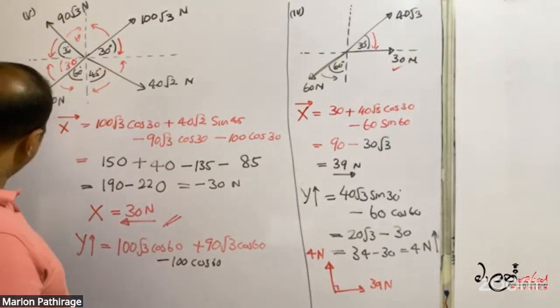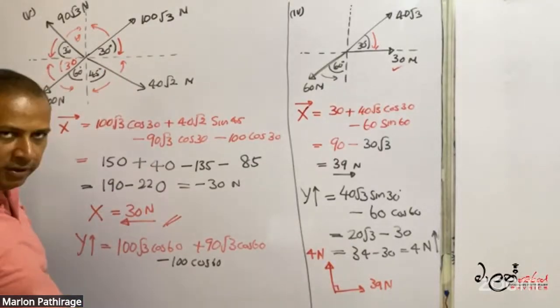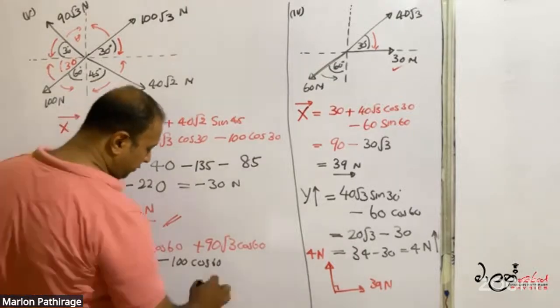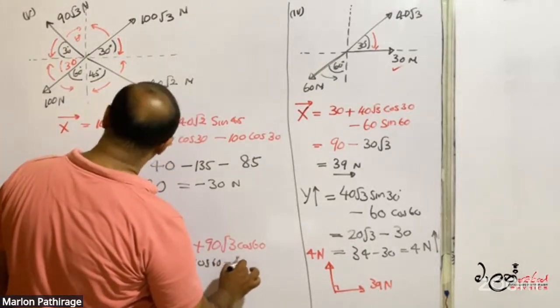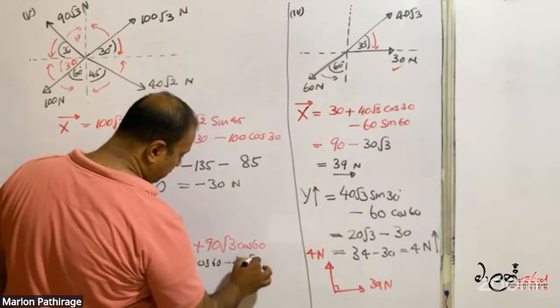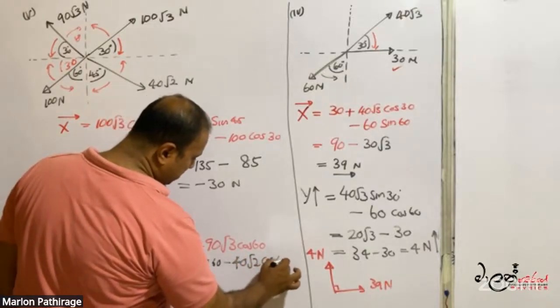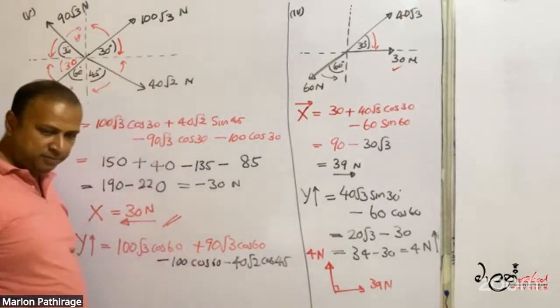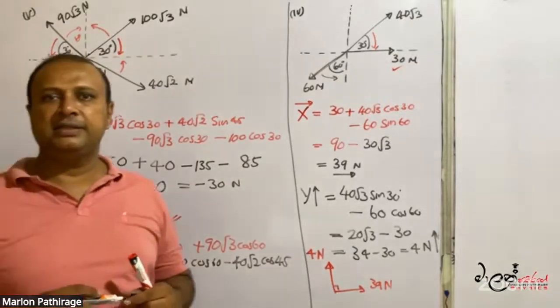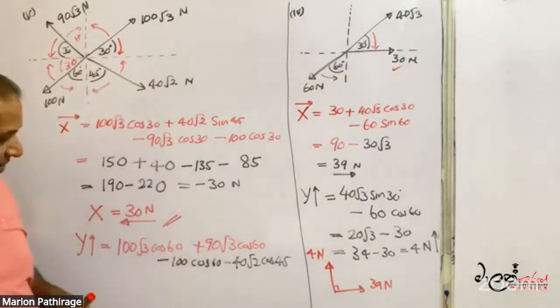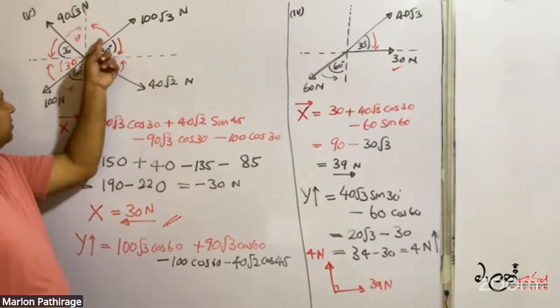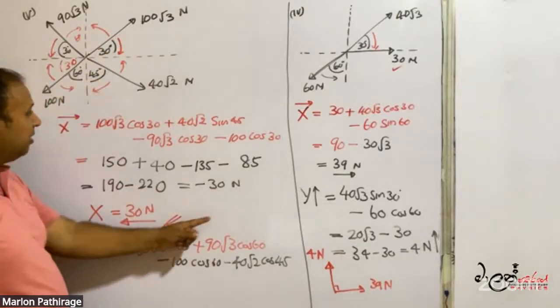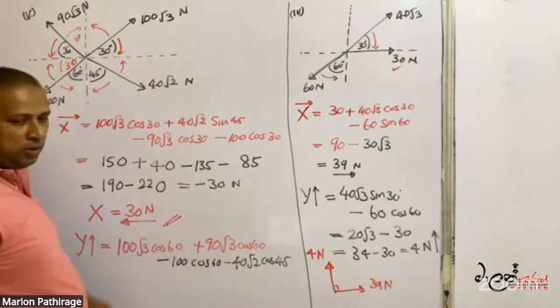If you resolve this one here, minus 40 root 3 cos 45, minus 40 root 2 cos 45. If you got this one, please raise your hand. Whether cos 60 or sin 30, that is also correct.